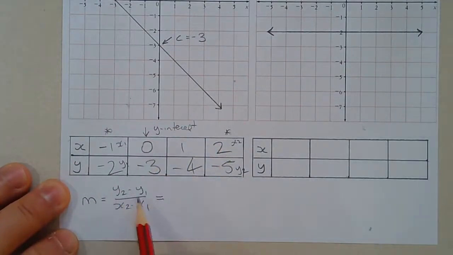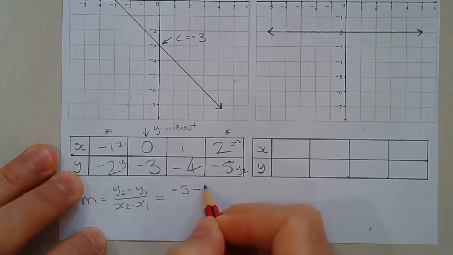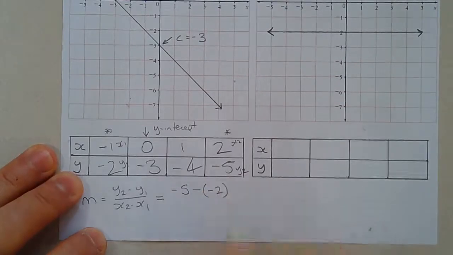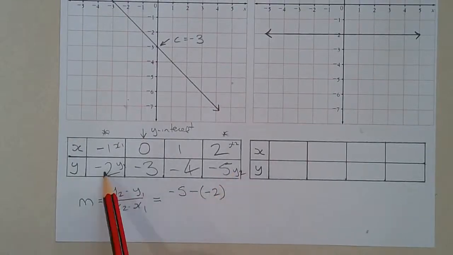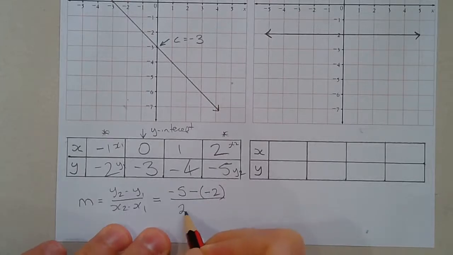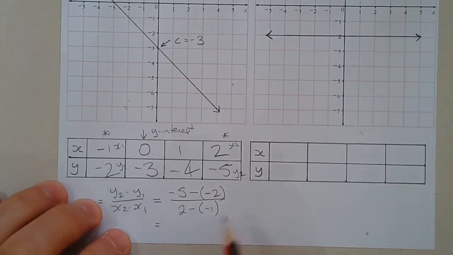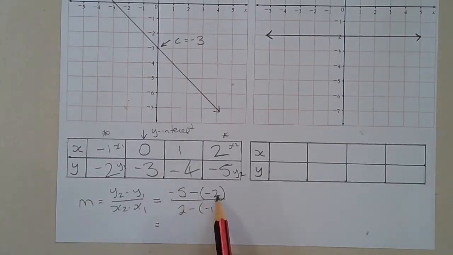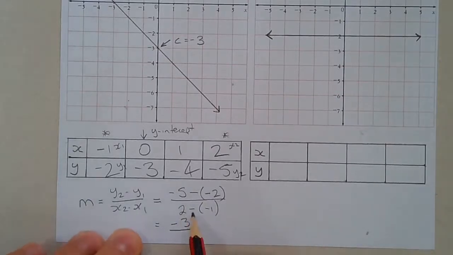So y2 minus y1, so -5 minus -2, over x2 minus x1, which is 2 minus -1. So -5 plus 2, and minus -1 is plus 1, so that's going to be -3 over 2 plus 1, which is 3.